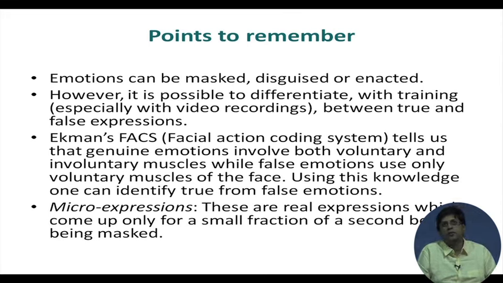Now, points to remember, this is very important. Emotions can be masked, disguised or enacted. Now, in a social space, as I told you in the earlier class, we need to tell lies. For instance, you have a guest and you are getting bored because he is overstaying his duration in your house, and you can't tell him to leave.